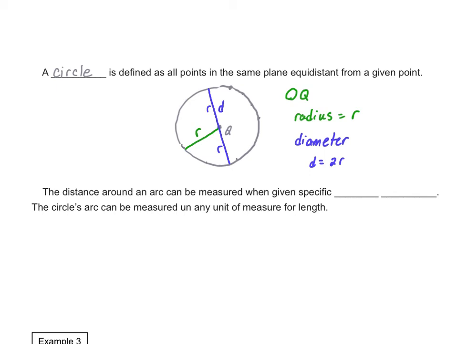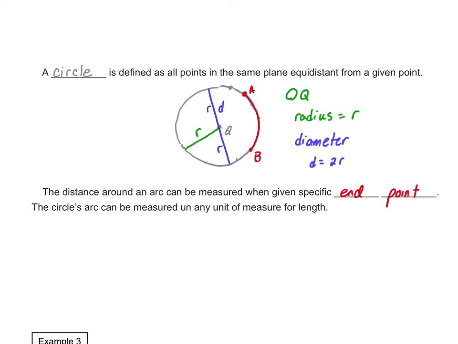And then we talk about the arc, and the distance around an arc can be measured when given specific endpoints. So if I look at a circle and I have point A and point B, those would be the endpoints of an arc, because the arc would be the distance from point A to point B along the edge of the circle.